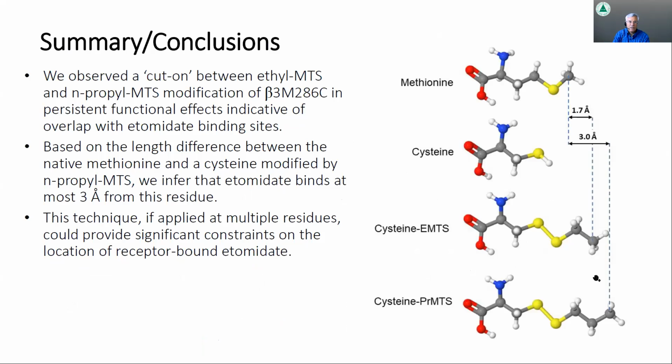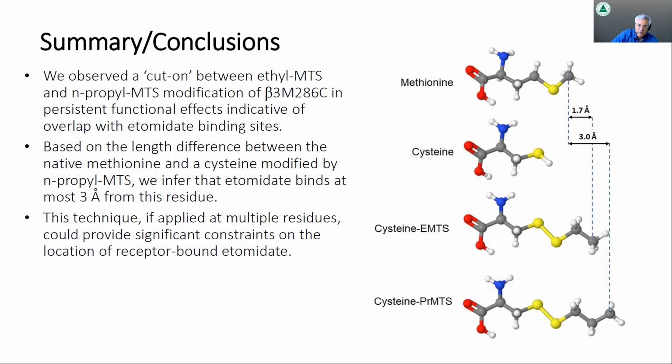So in conclusion, these studies show a cut-on effect between ethyl-MTS and N-propyl-MTS with regards to GABA sensitivity changes, etomidate modulation changes, and the ability of etomidate to block these modifications. And these are persistent functional changes consistent with a covalent bond formation.